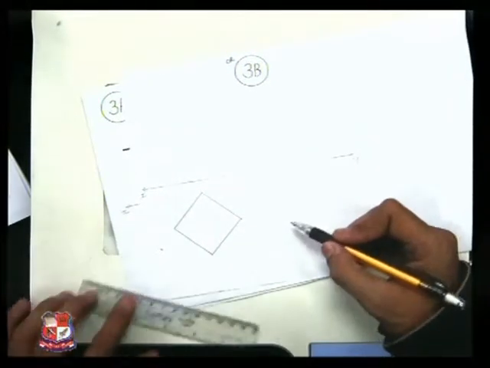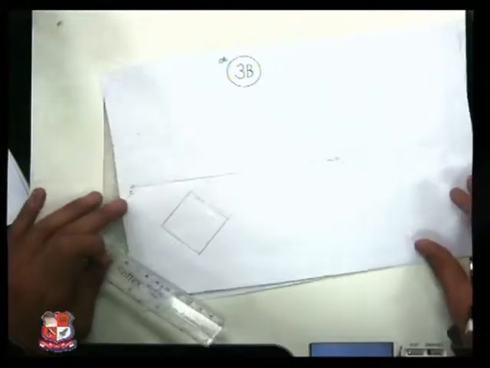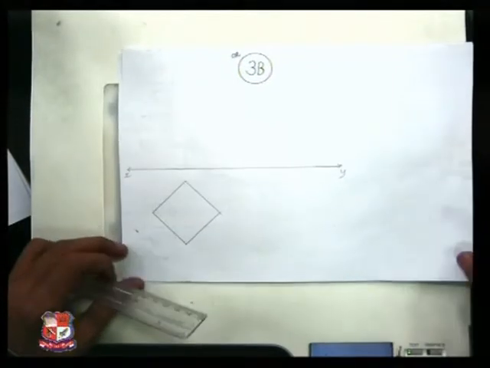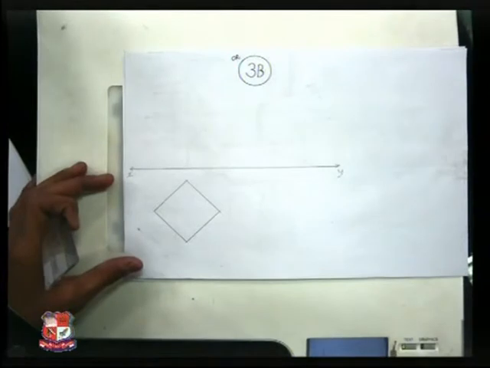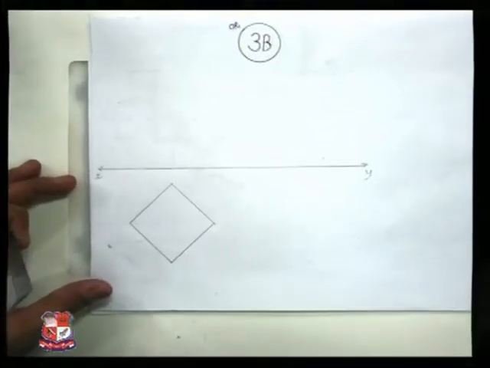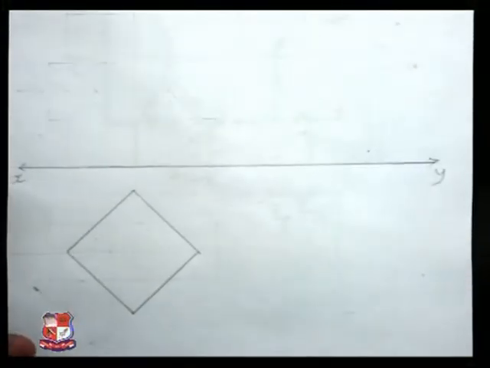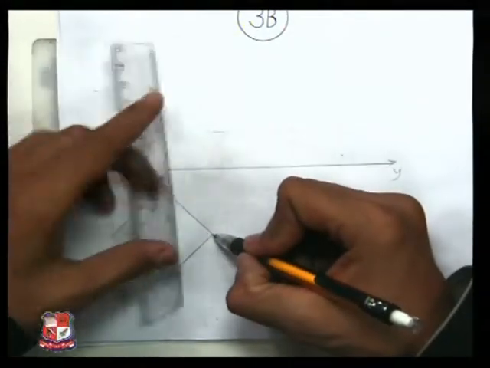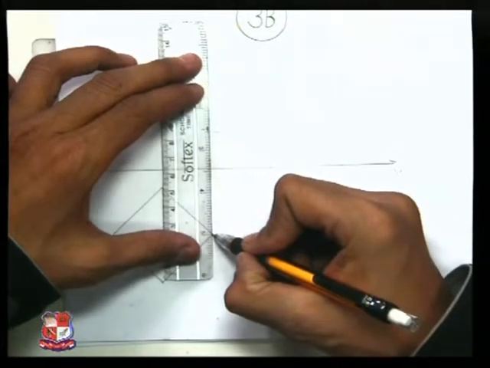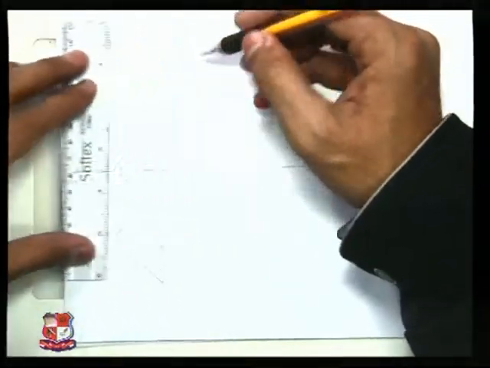We will draw a square of dimension 40 millimeter sides, because it's not possible to draw an 80 millimeter prism on your examination drawing sheet. So you can reduce the scale. Now this is the top view. To draw its front view, let me take projections from the ends like this.